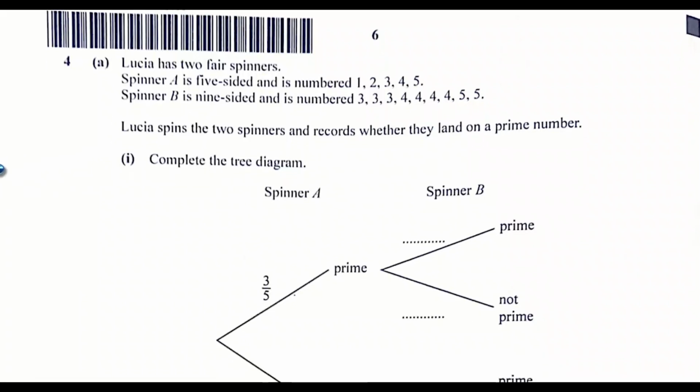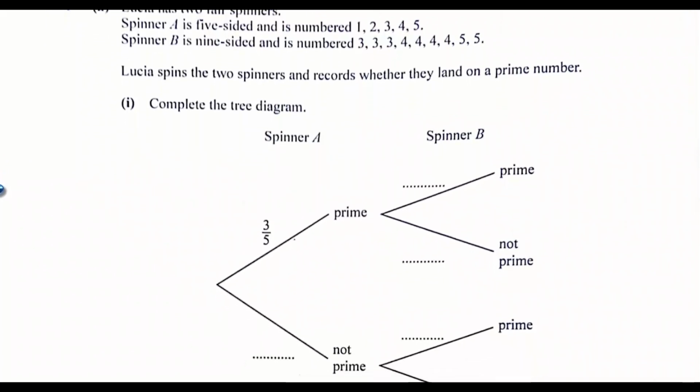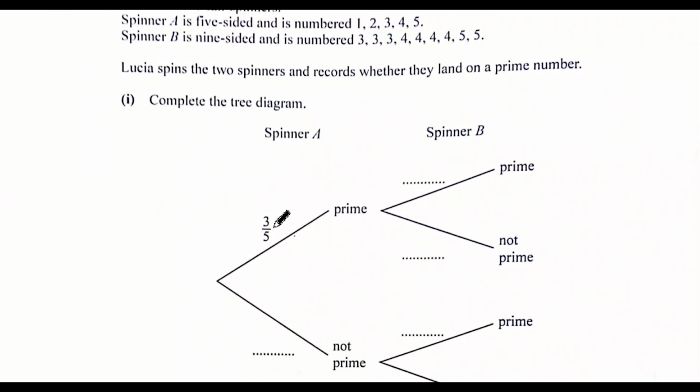So Roman figure 1, complete the tree diagram. If the probability of prime is 3 out of 5, the probability that it is not prime will be 1 minus 3 out of 5, and that will give you 2 out of 5. Okay, that's for spinner A. For spinner B, the probability that it is prime will be the number of prime numbers over the total, that will be 5 out of 9.